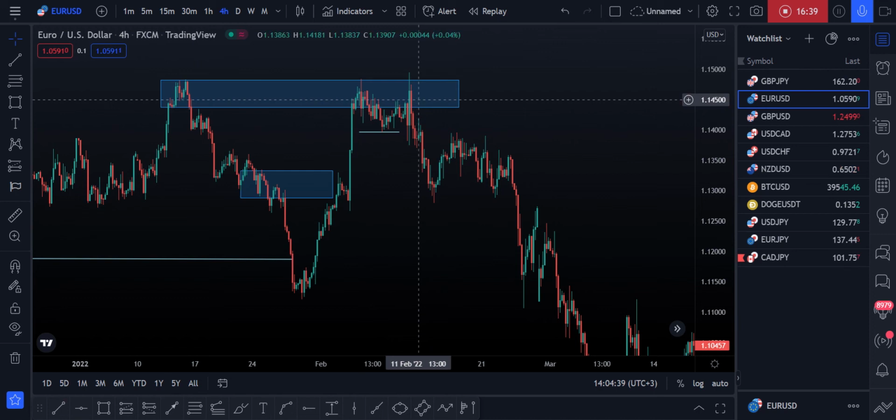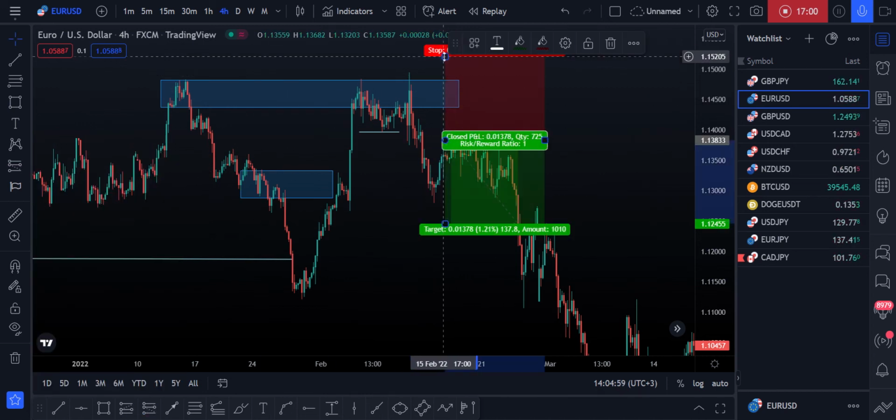As soon as we get a break of this, because now we have a high, then a higher high, and then a break of structure. At the break of this structure, we can look for a zone to trade off, and we can see we had an opportunity here. We had an opportunity to take off this.